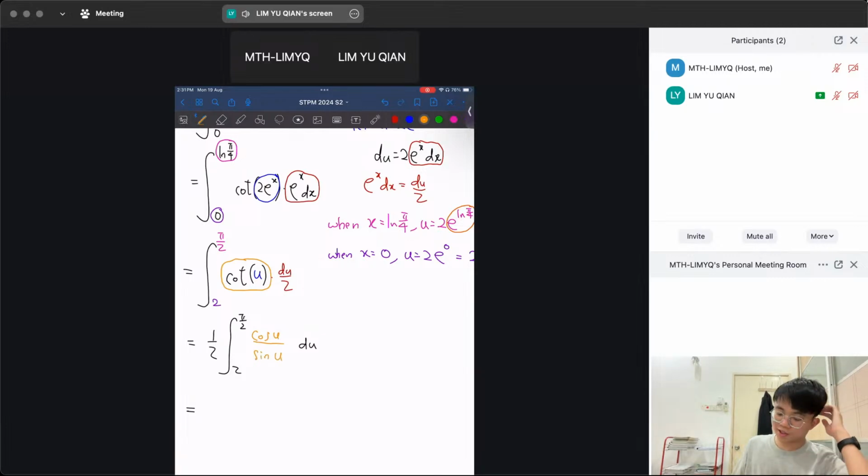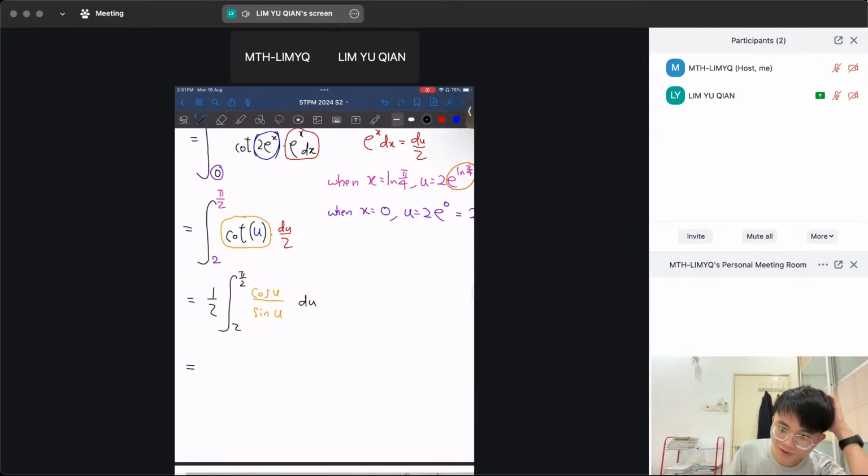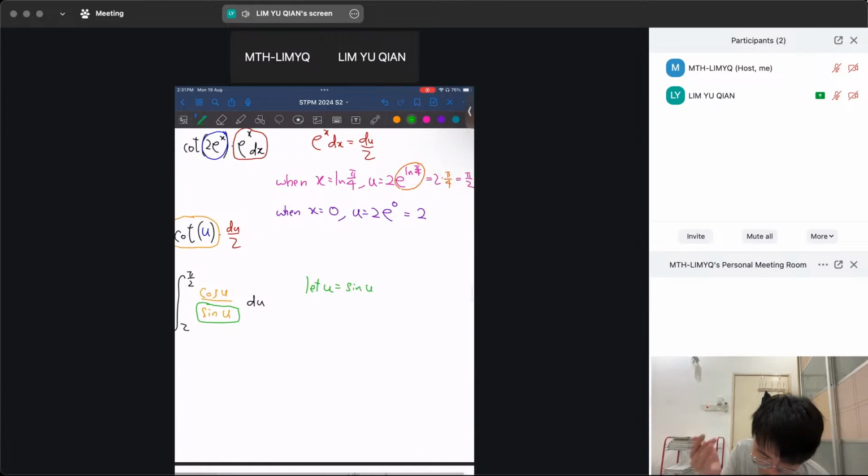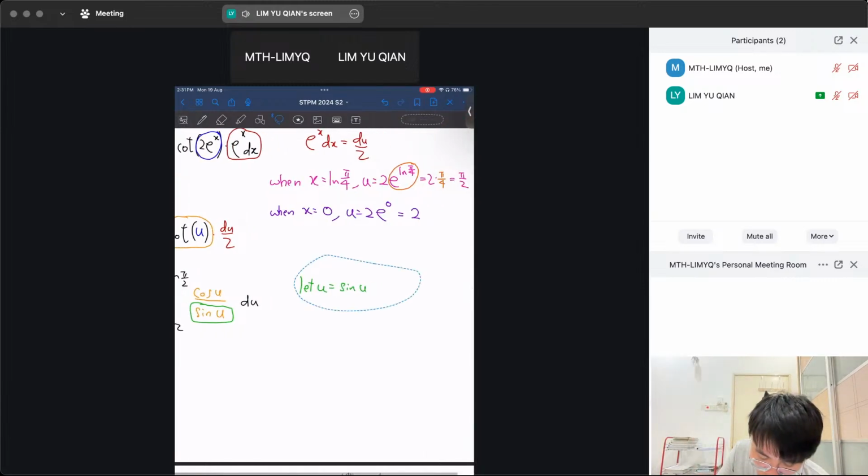The denominator is differentiated to get the numerator, so let's make this a substitution. Or you could directly use ln sine u, also okay. But I will write it out. So let v equal to sine u. Actually that one will be faster, but never mind, this is easier to show you, okay.